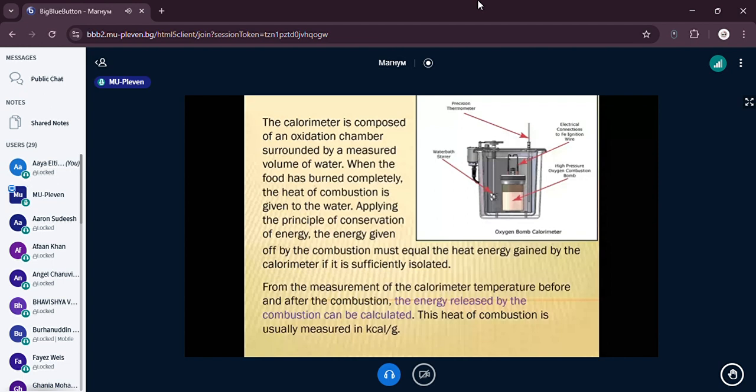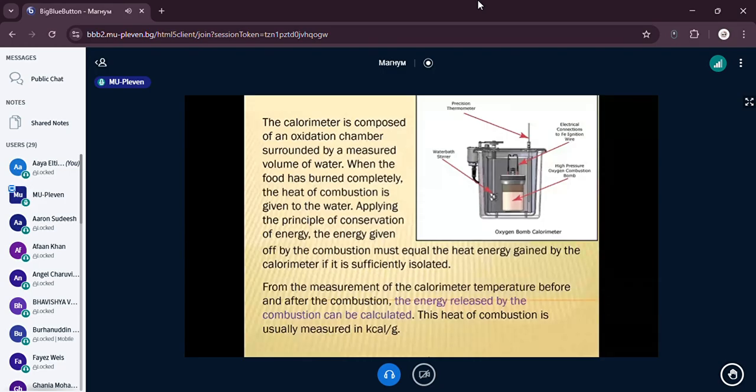During burning of the food, heat would be released. It will be absorbed by water. Water will change its temperature. And according to the law of conservation of energy, heat released is equal to heat absorbed by water, which means that we can calculate the heat absorbed by water.